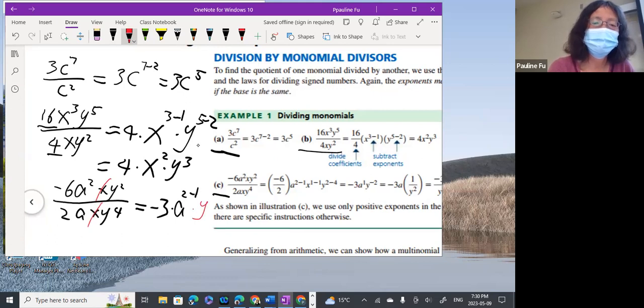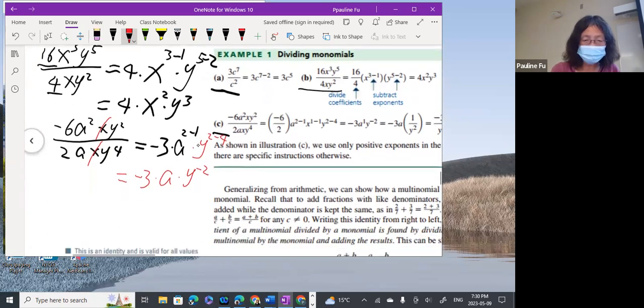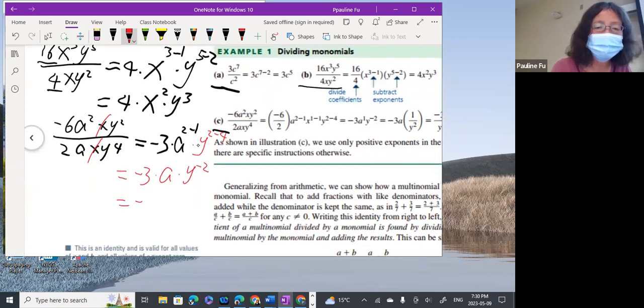And you just have y, 2 minus 4. Okay. So the answer is negative 3a y to the negative 2. But usually, if you have negative exponents, we want to leave it as y to the positive 2 in the denominator. Write down this one.